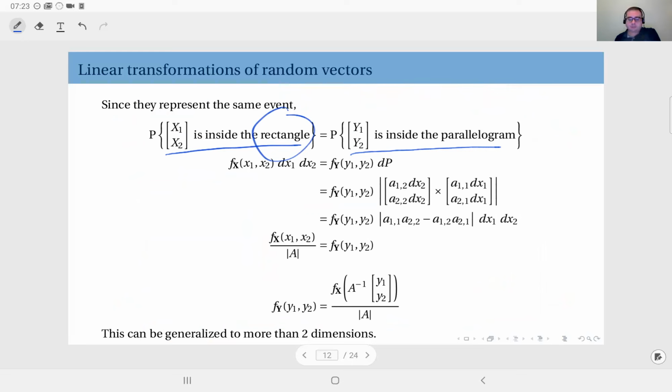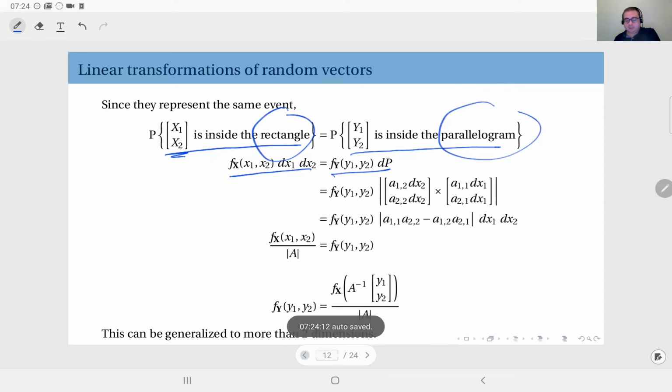Therefore the probability that random vector x is inside this rectangular region can be represented by this expression, the joint PDF at that point times the infinitesimal area, and that can be written to be equal to the joint PDF at point y1, y2 multiplied by the infinitesimal area of the parallelogram.